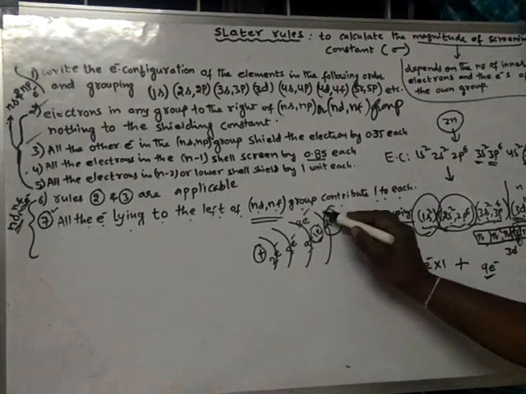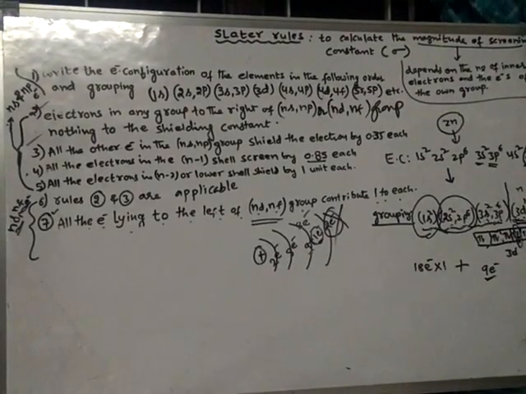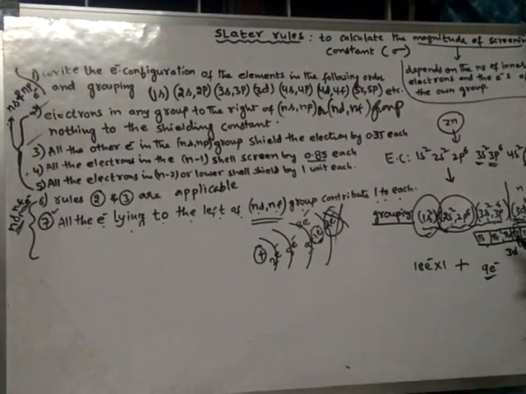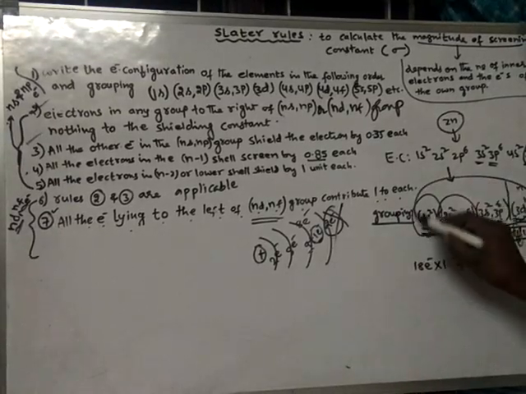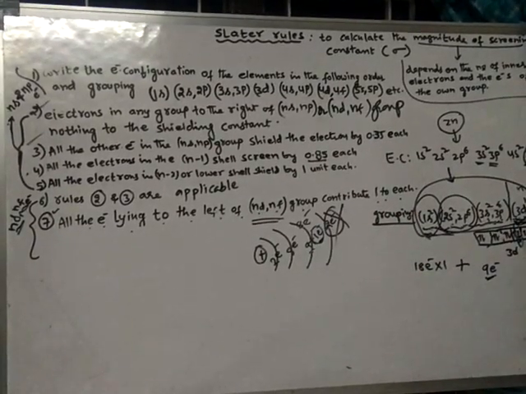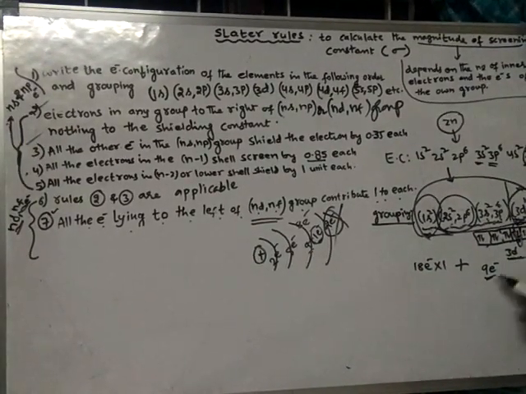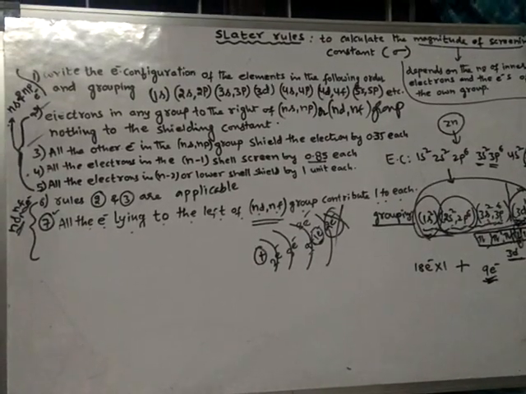Hence we should not calculate their screening constant, so the 4s electrons should not be considered for the screening effect. From the 3d group, only 9 electrons are showing a screening effect.